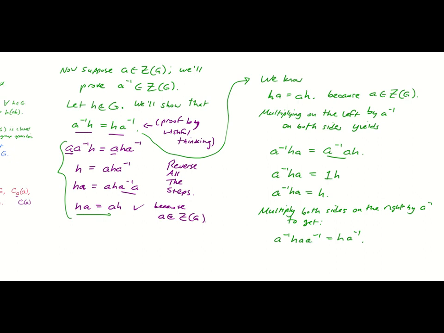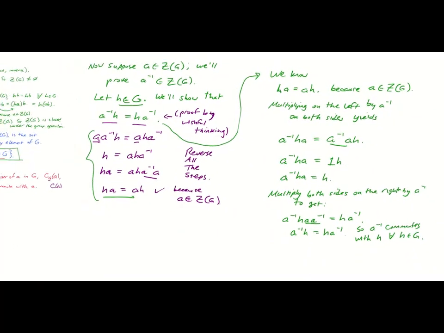And now since I have A inverse here, that's also the identity. So now I think I just have A inverse H equals H A inverse. And that's what I wanted to show. So A inverse commutes with H. And that's true for every H in G, because again, I just let H be anything in G. I didn't put any restrictions on it here when I set this up. So this means that the center contains the inverse of every element in the set.